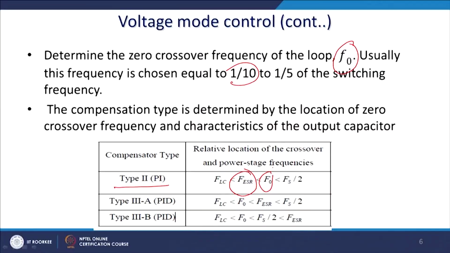Similarly, if you take a type 3 PID controller, then this is the logic. FLC is less than F0, and the ESR frequency should be greater than F0, and the same condition applies for type A. And if you choose a type B PID controller, I am coming next to what type A and type B PID controllers are, you will find that FLC is less than F0 and less than Fs by 2, and at last the ESR value will come.